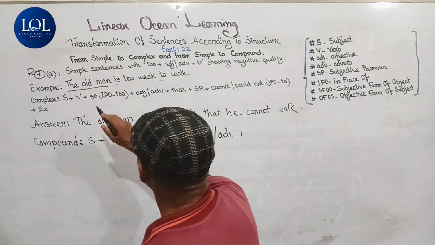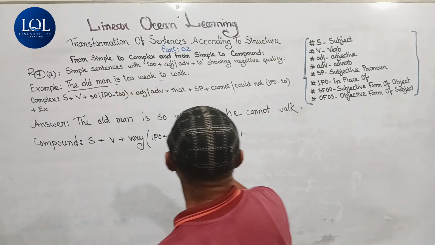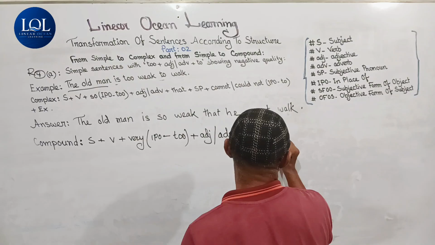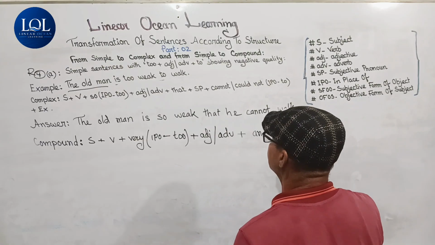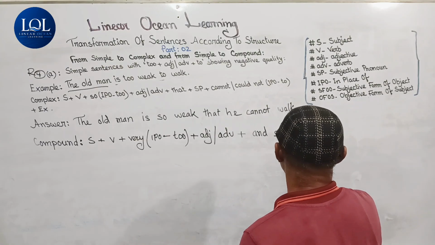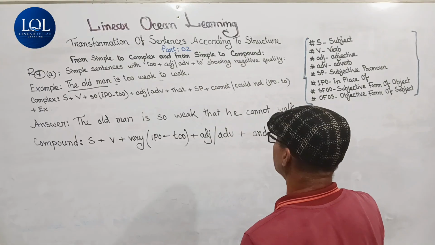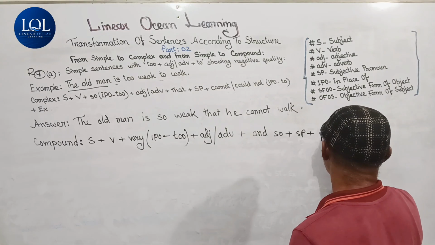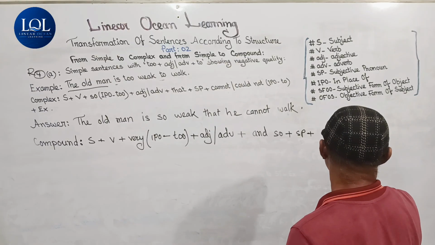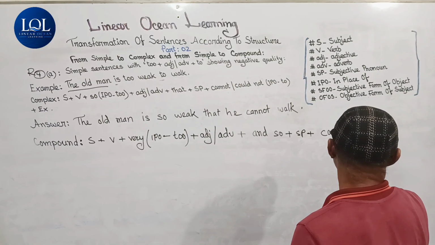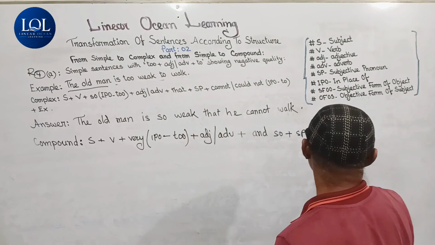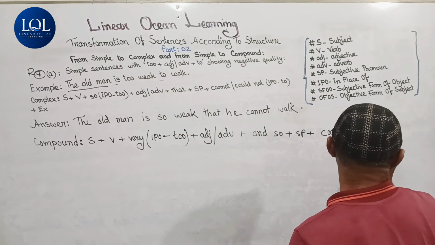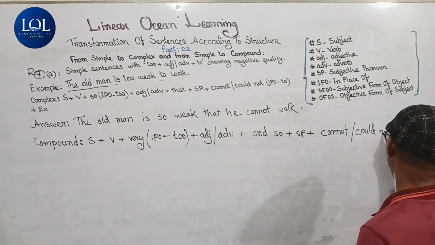So it is: The old man is very weak, plus "and so", plus subjective pronoun SP, "cannot" or "could not". As in the complex sentence, "cannot" or "could not" according to the sequence of tense of the exemplified sentence.